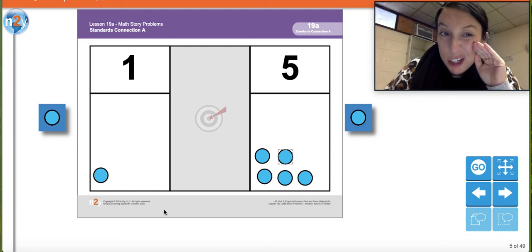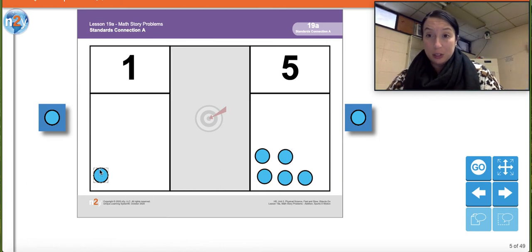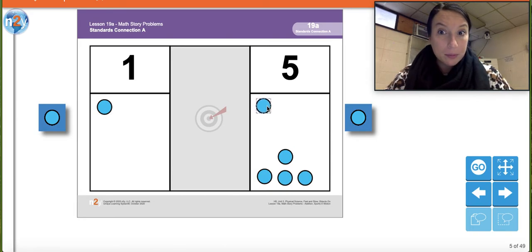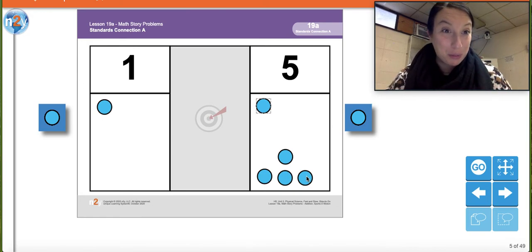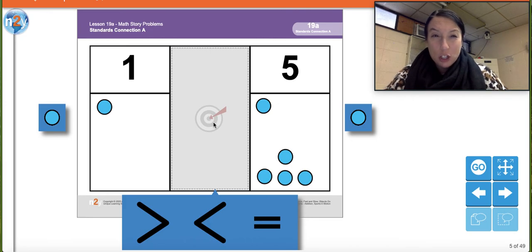All right, I think you already know the answer right now, but we'll still go through the protocol. So let's pull one up here and pull one up here. Uh-oh, there's no more to pull up here. Let's look at our number 5 column. There are 1, 2, 3, 4 extra blue dots. So what does that mean, friends? Which one is the bigger number, the greater number?